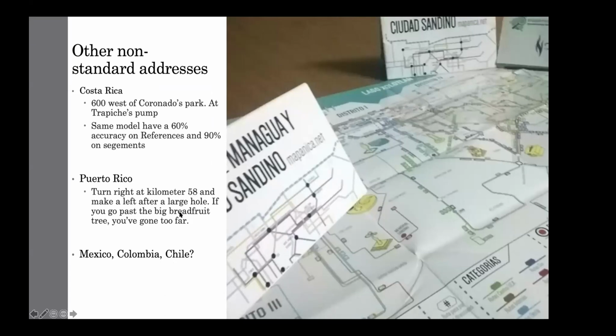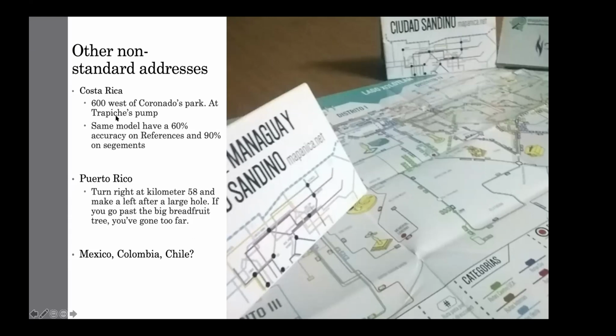Why are we not calling this development geocoding for Nicaraguan addresses? Because I think this approach can be used for other countries that use similar addresses. An example is Costa Rica. We are neighbors to Costa Rica, so we share many cultural things, and one of them is similar addresses.